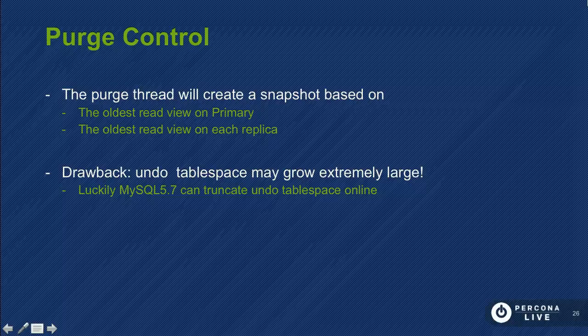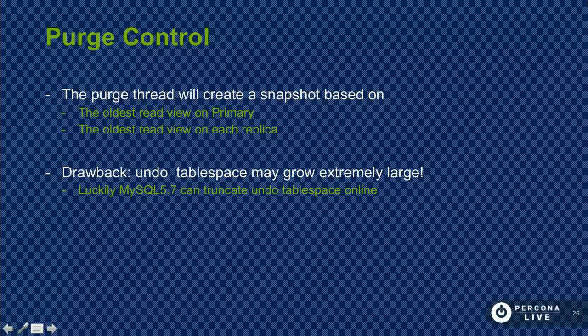Every replica will keep sending its oldest read view to the primary server, and then the purge thread on the primary server will create a snapshot for purge based on the oldest read view on the primary and all read views shipped from replicas. So it guarantees that any log referenced by any active read view inside the cluster will not be purged.